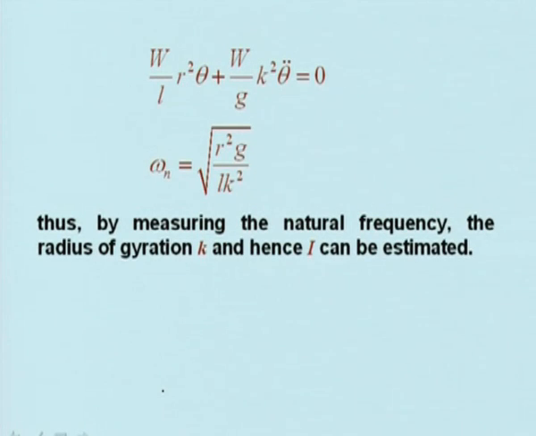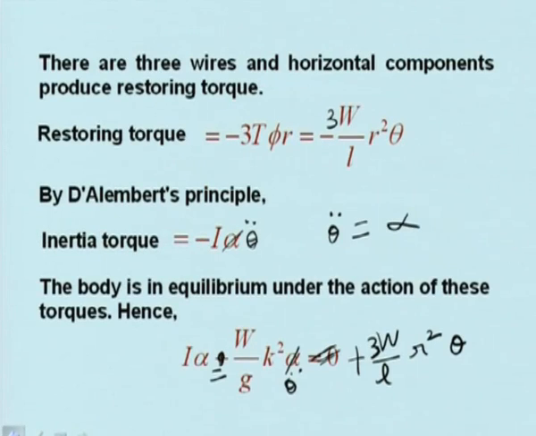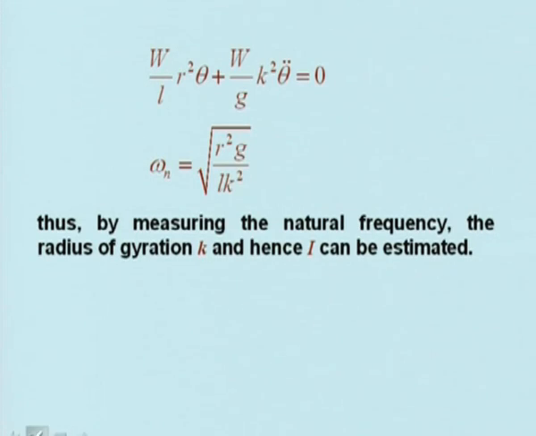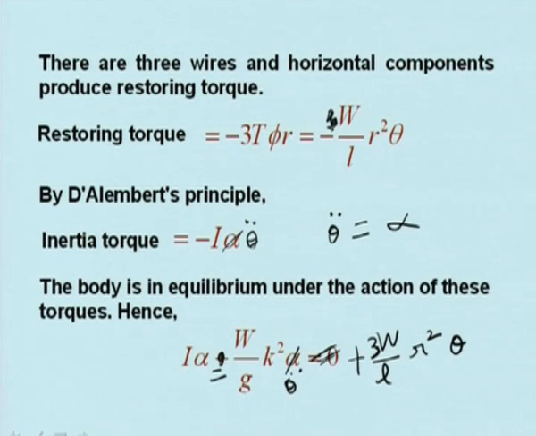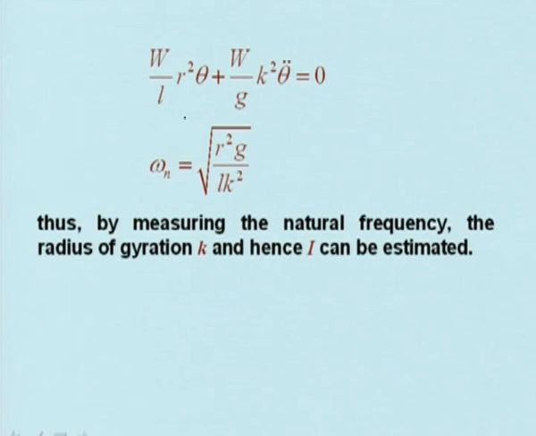So basically you get the equation W by L R square theta plus W by g k square theta double dot is equal to 0. Compare this with m x double dot plus k x is equal to 0.